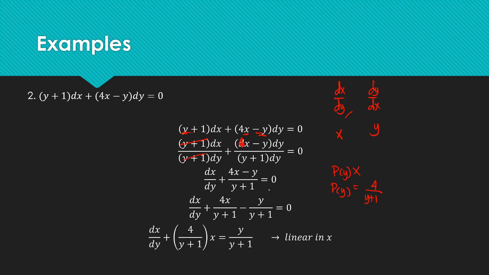So, pag nilipat natin sa kabila, para masunod yung form, this is already in the form dx over dy plus p of y times x is equal to q of y. Kasi ang matitira dun sa kabilang side is a function of y. So that's our q of y. So therefore, this equation is linear in x.